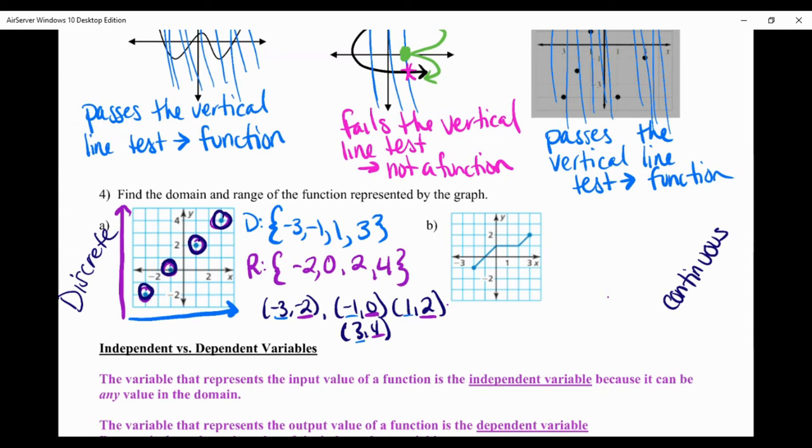But domain and range. So domain, again, scan from left to right. So the first x value is at -2. And we have everything greater than -2, up until +3.